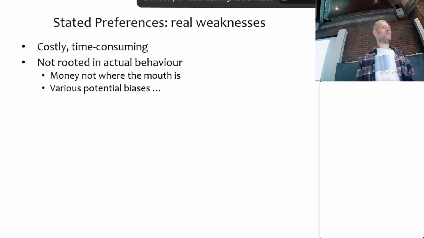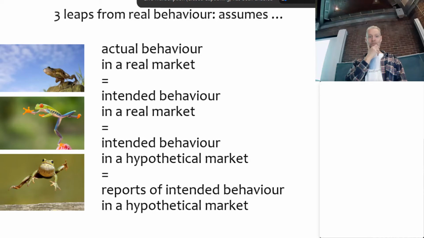The biggest weakness, however, is that it's not rooted in actual behavior. You're asking people what they would do if. And that creates all sorts of biases. You essentially make 3 leaps of faith.